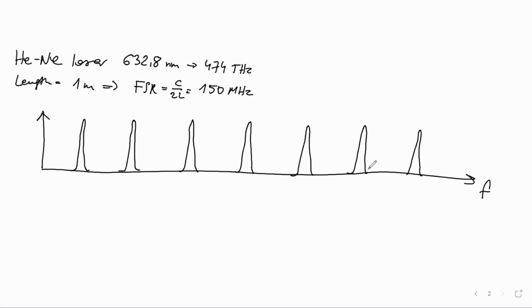And this is the frequency, and this might be the transmission of the Fabry-Perot resonator. As you know, these resonances start from 0 and go up to infinity, right? We start from 0 hertz, and we know that this mode spacing equals 150 megahertz.